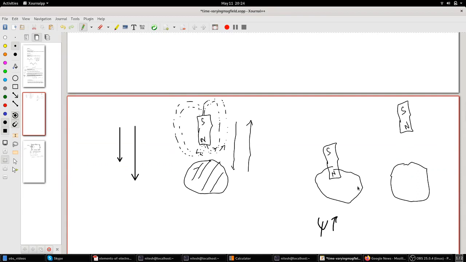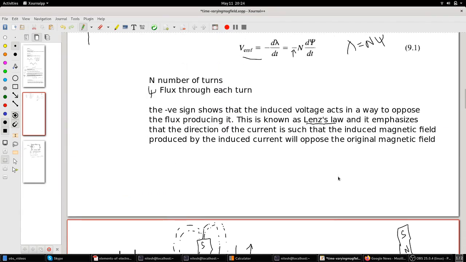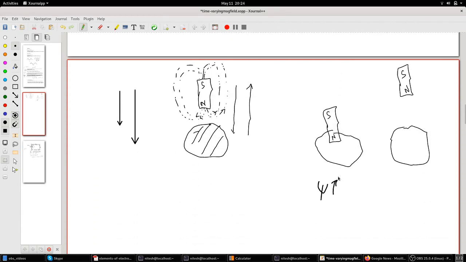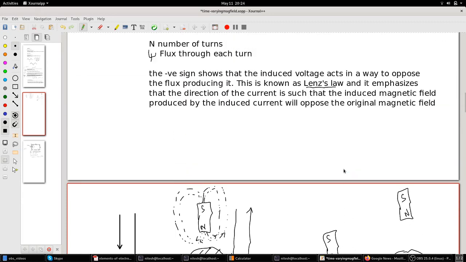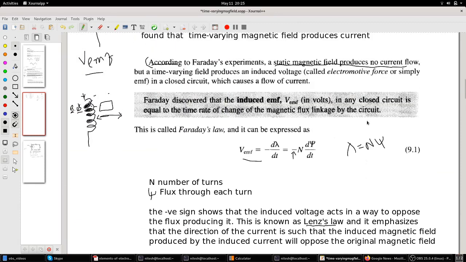Now what Lenz's law tells me is what the direction of the current is going to be. The direction of the current is going to be such that whatever magnetic field is generated by that induced current is going to oppose the original magnetic field, or the change in the rate of change of flux.